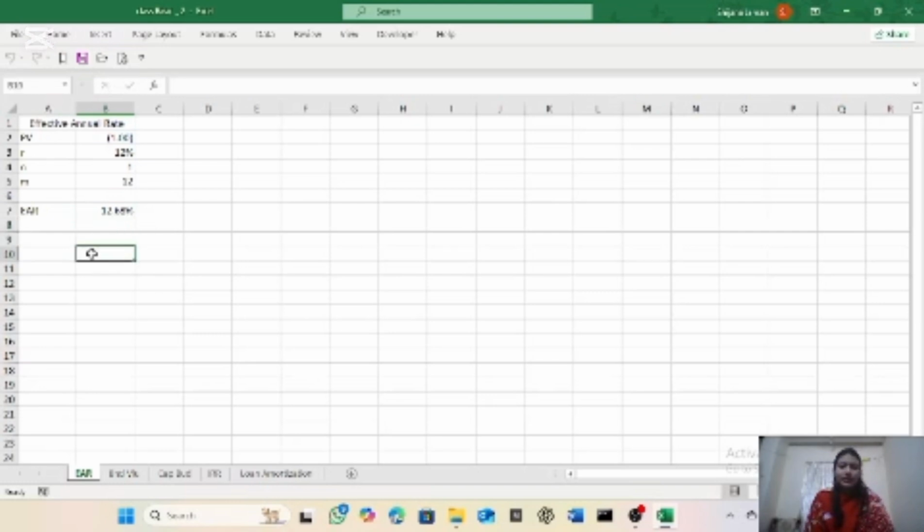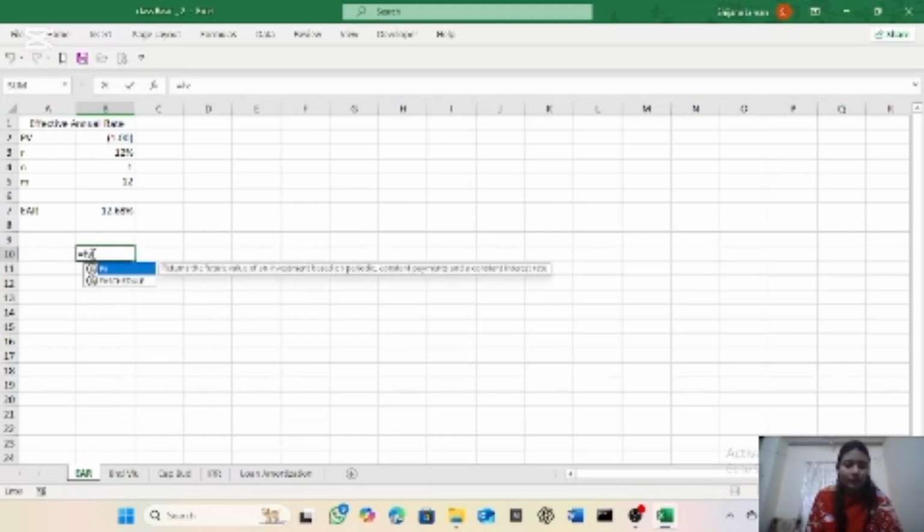So guys, there is present value included, that's why we have to make a future value of effective annual rate. So the formula would be equal future value, rate. Here our rate is 12%.